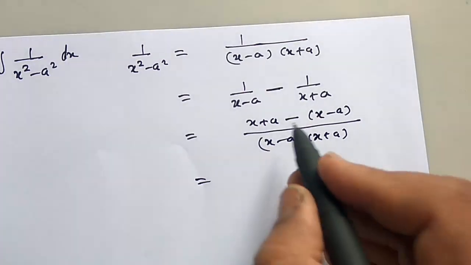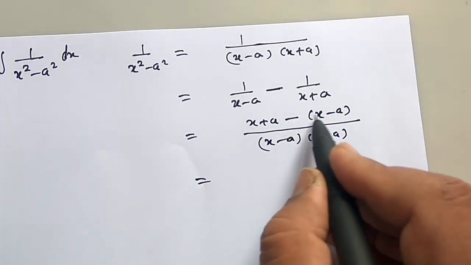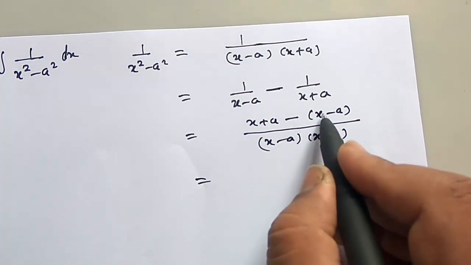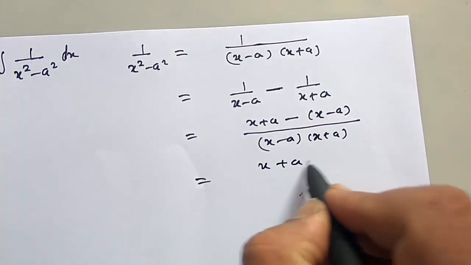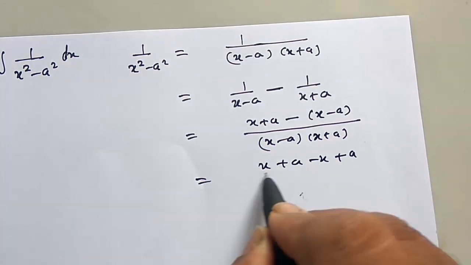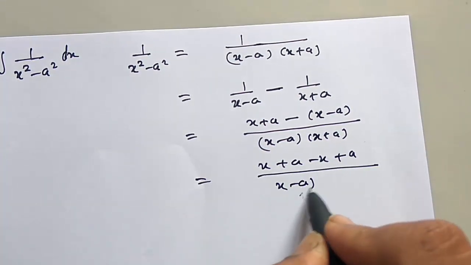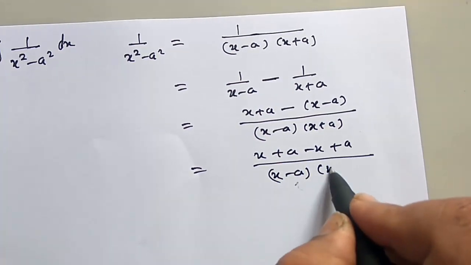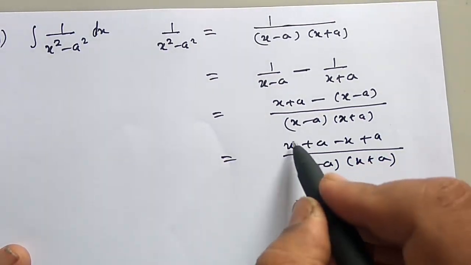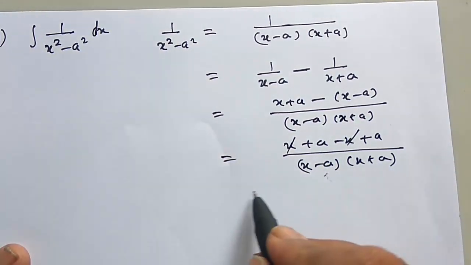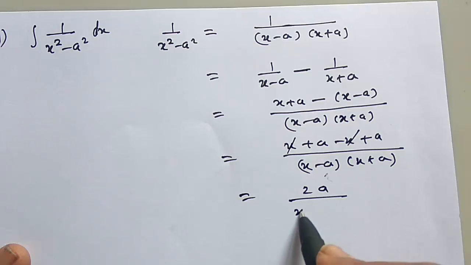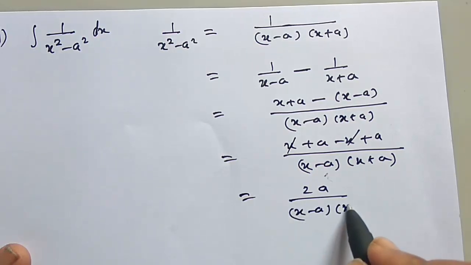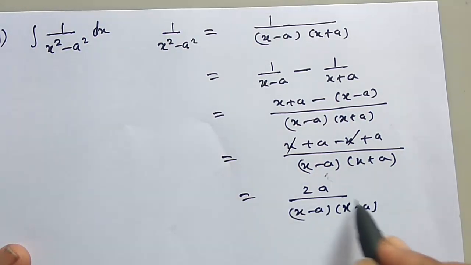Now by removing the bracket, that is x plus a minus x plus a upon x minus a into x plus a. Here x gets cancelled, a becomes 2a, 2a upon x minus a into x plus a.